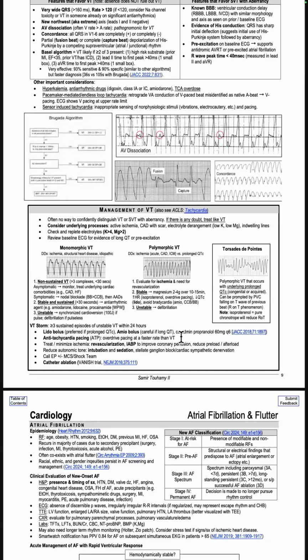This will help keep the heart stable. You want to treat and minimize the ischemia, so you want to revascularize if necessary and use an intra-aortic balloon pump to improve coronary perfusion and reduce the preload and afterload. You want to reduce the autonomic tone by intubation and sedation, stellate ganglion block, and cardiac sympathetic denervation. You want to call electrophysiology and the shock team, and catheter ablation if necessary.